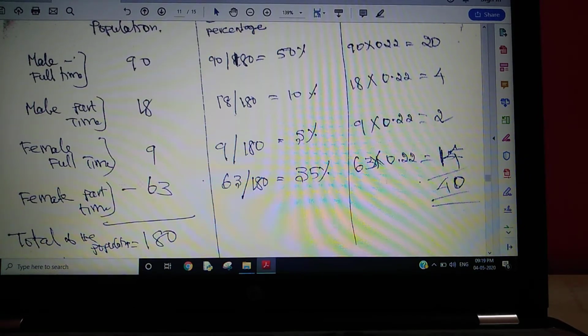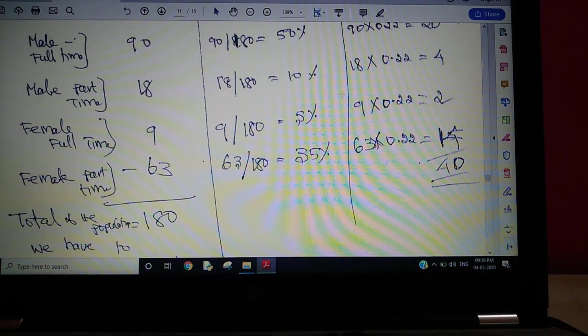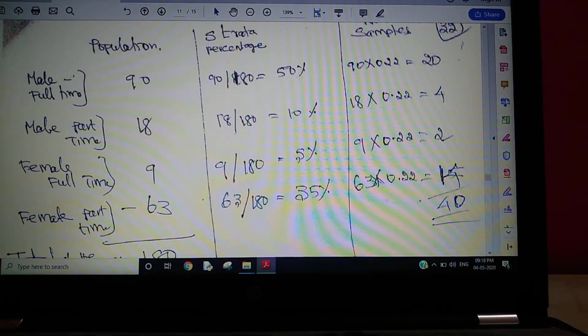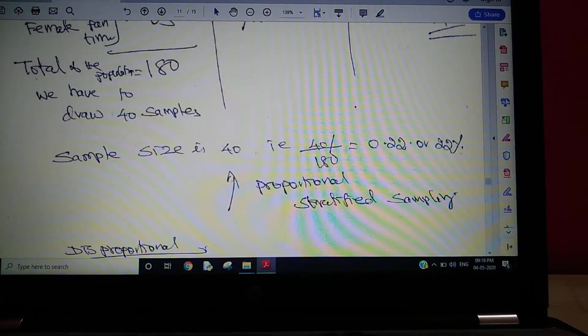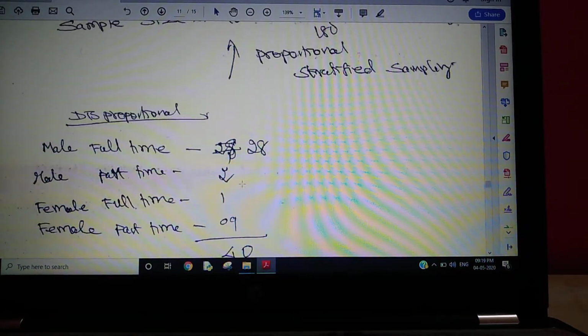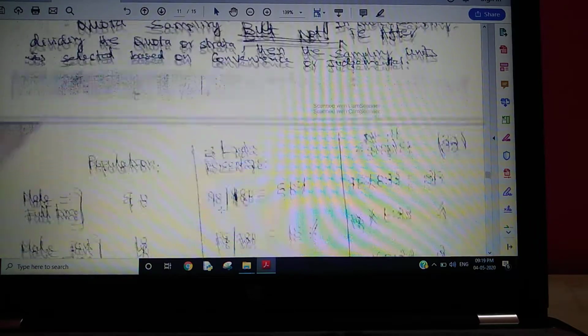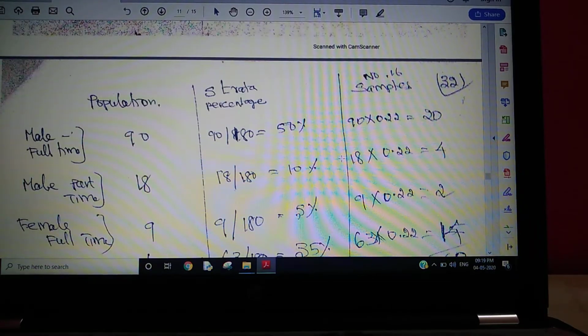So in proportion to the population, 10% of 40 is 4. 5% of 40 is 2. 35% of 40 is 14. So in equal proportion. This is sample size 40, proportionate to the strata percentage; we are selecting the sample.